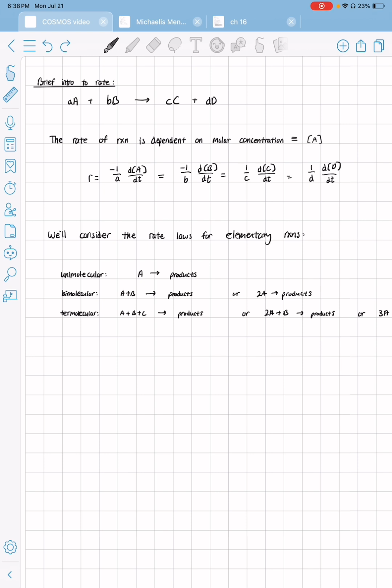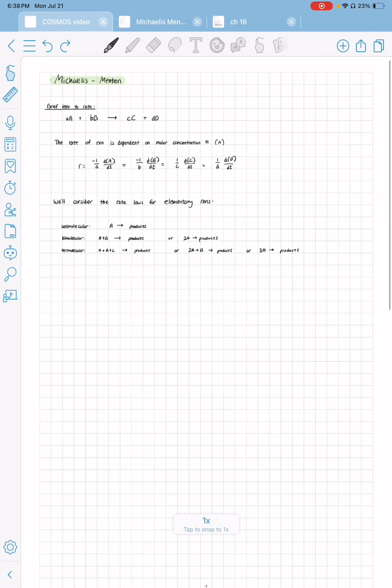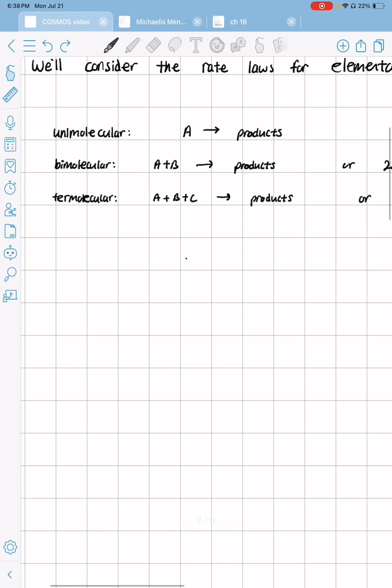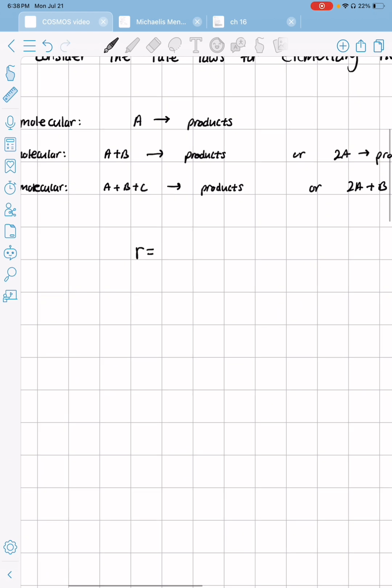Okay, so we'll really consider the rate laws for elementary reactions, which are unimolecular, bimolecular, and termolecular, and termolecular are actually pretty rare. Three collisions happening at once doesn't happen very often, so we'll really see unimolecular and bimolecular occurring the most. A generic rate law is R equal to k, a proportionality constant, times the concentration of one reactant and the concentration of another reactant.